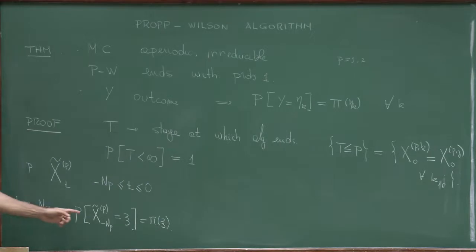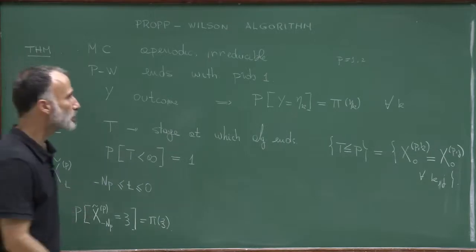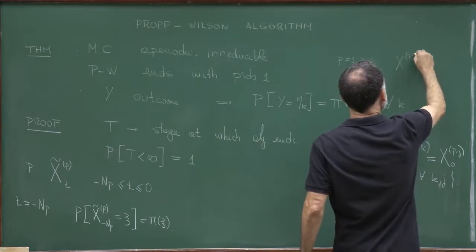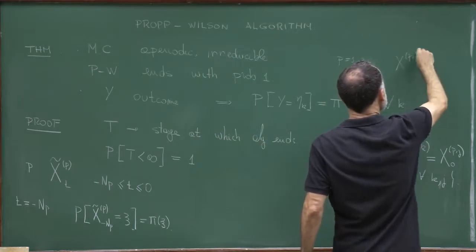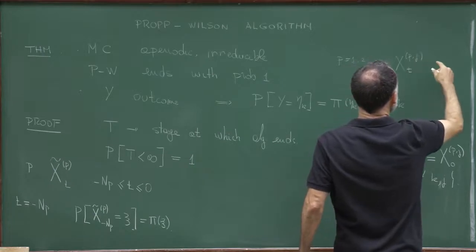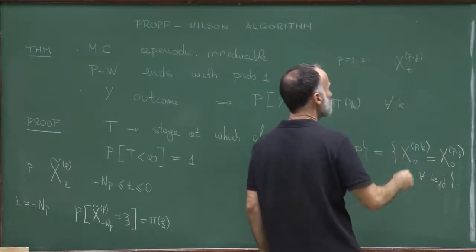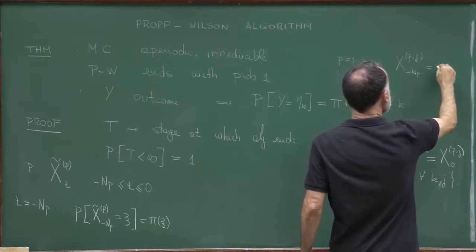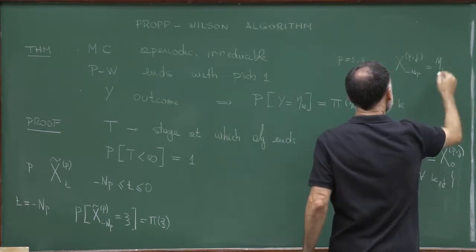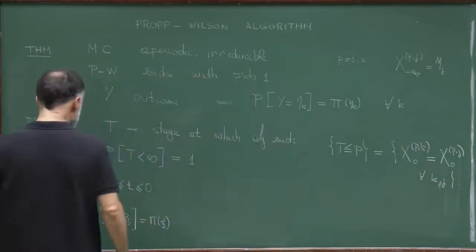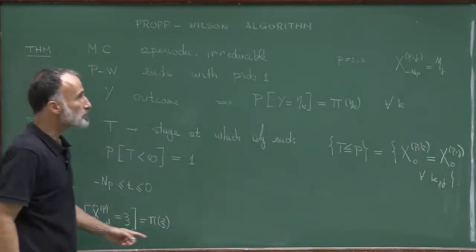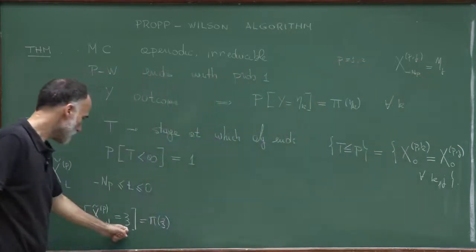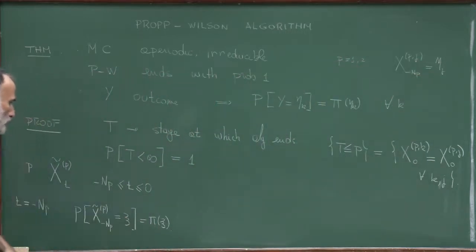So before, remember, I had these chains x p j, t. These chains were defined in such a way that at time minus n_p, I started from the configuration eta j. Now this one is slightly different because it doesn't start from one specific configuration, but starts from a configuration xi with a certain probability.